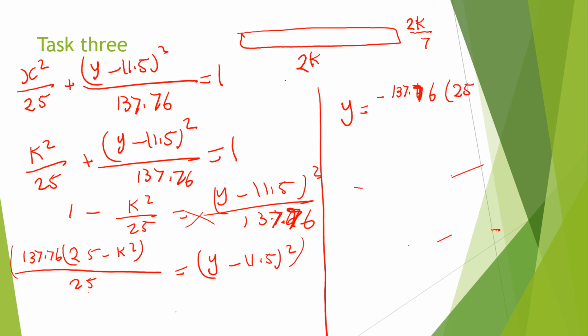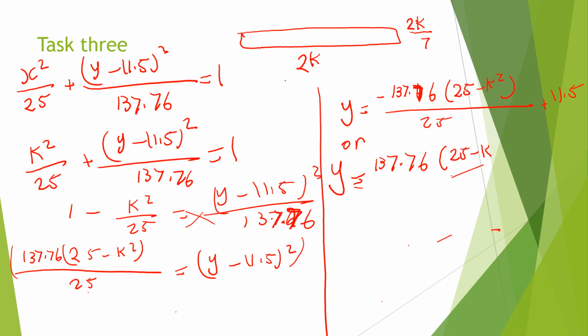If you notice, you can write it unsimplified for the final answer. You don't have to simplify it. So that's one of the solutions, or y equal 137.76, 25 minus k square over 25 plus 11.5. Again, this one will be ignored.